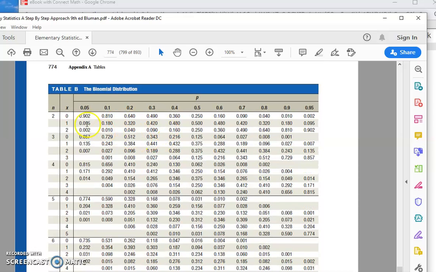Okay, so here it is. The way this works is you have P across the top, N is down here, and then X, the number of successes, is here. So all you have to do is find the appropriate row, and then find the appropriate column by finding the given probability of success, the given P.